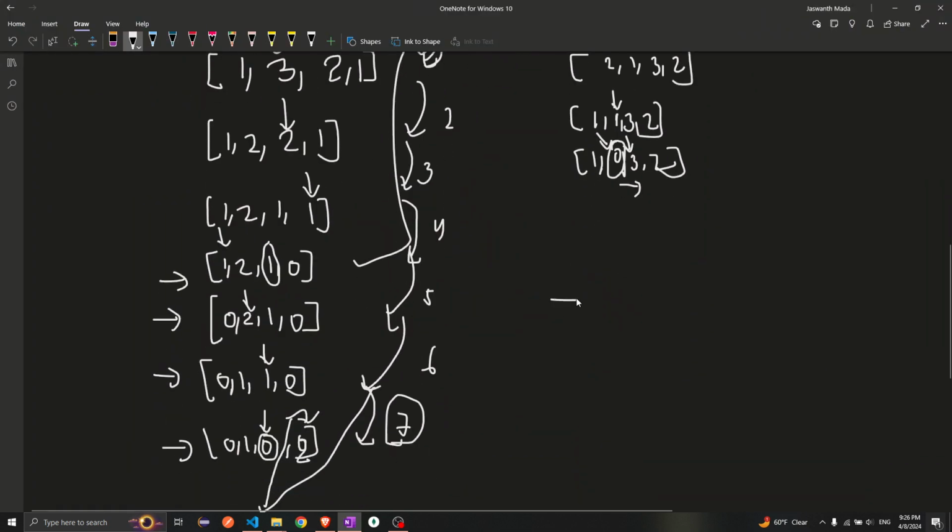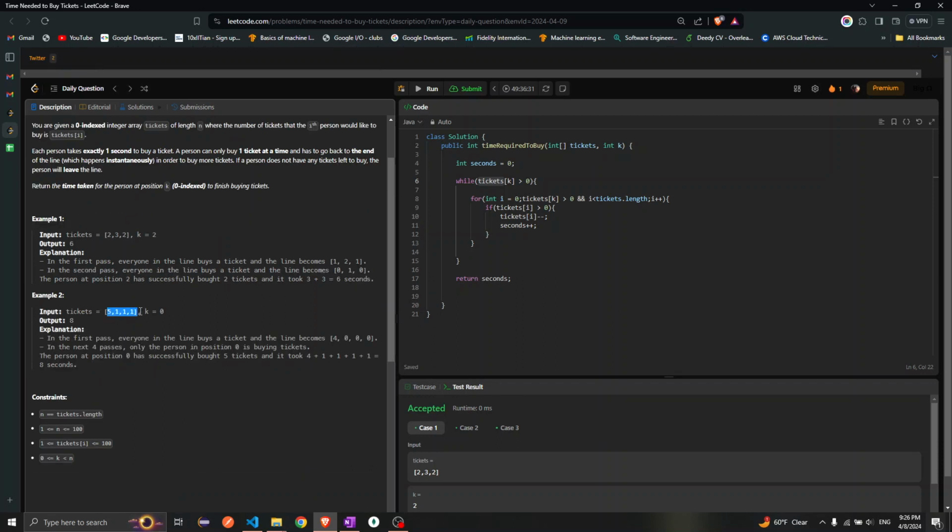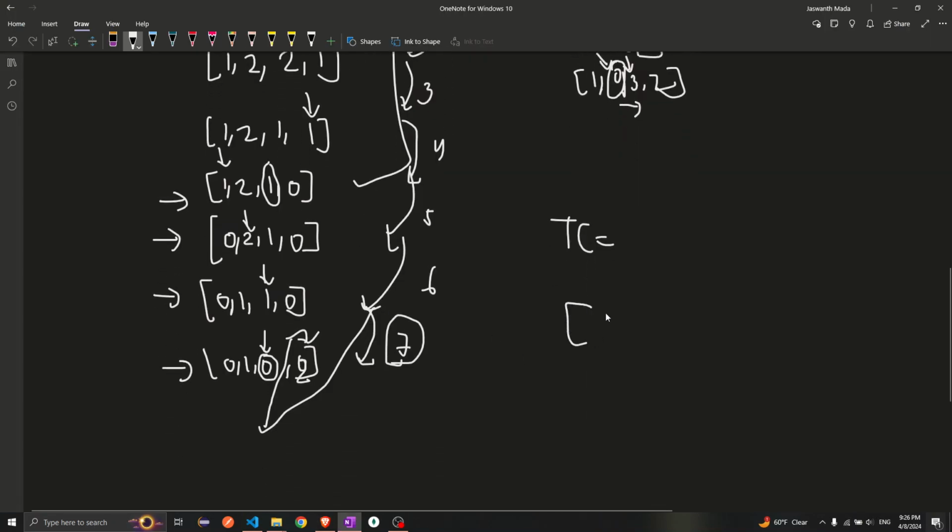And if you look at the time and space complexity, here the n value is at most 100, right? The tickets value is also 100. Let's say in the worst case, each and every person wants to buy 100 tickets.